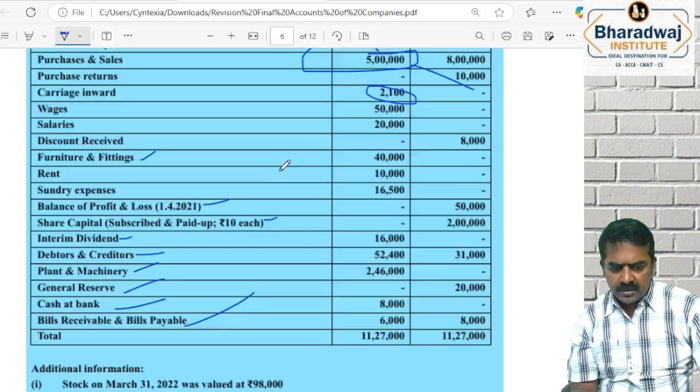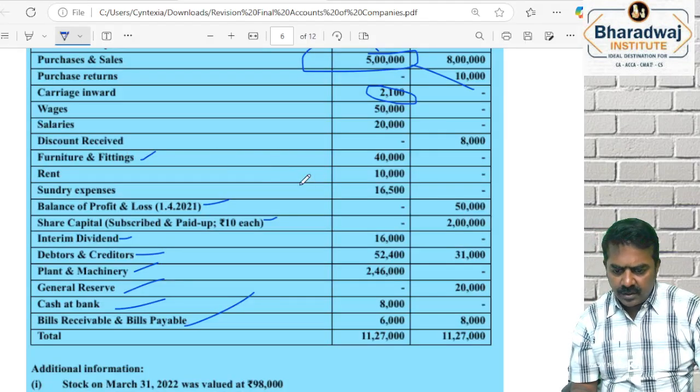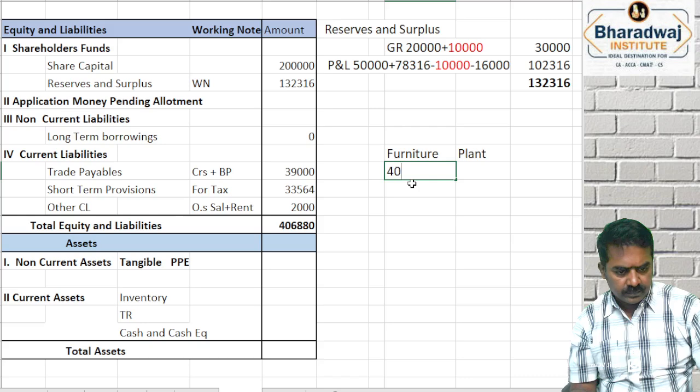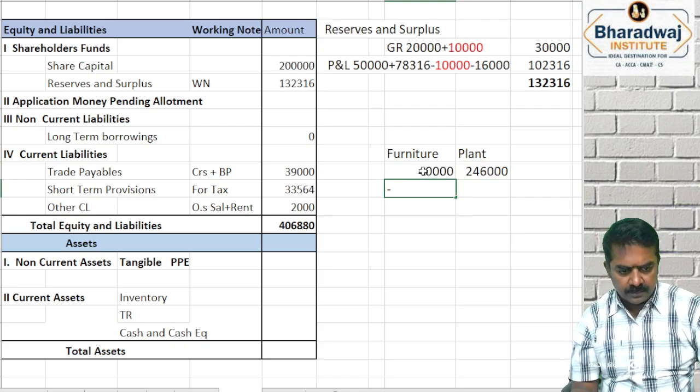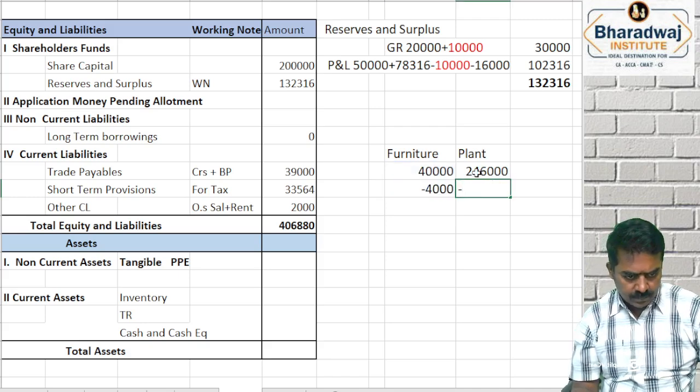What is the balance given in the balance sheet? 40,000, 46,000. What percent depreciation? 10%? 10%, 4,000. Another one? 3,600.